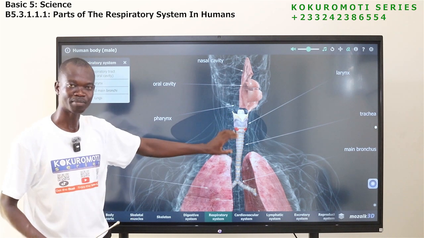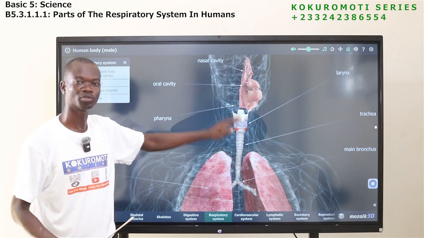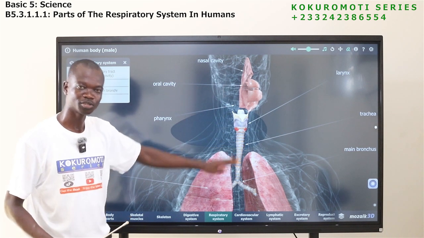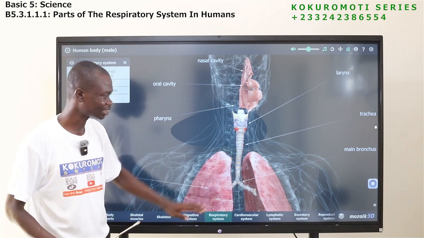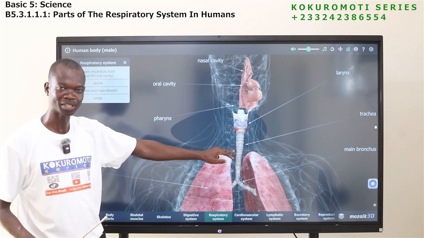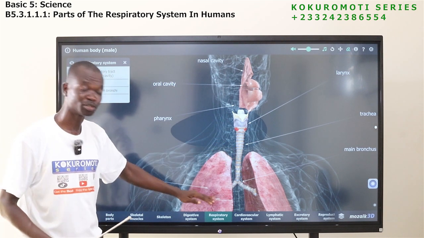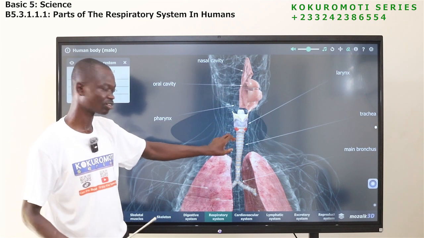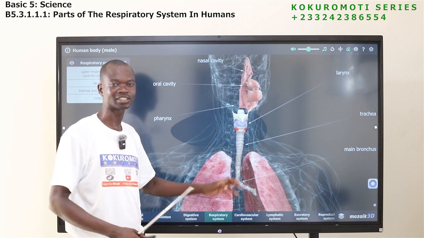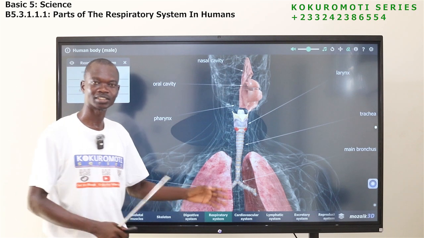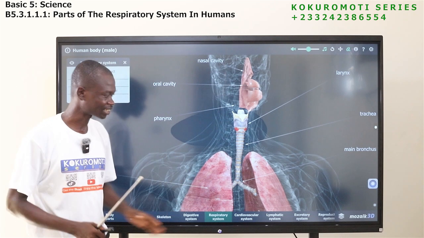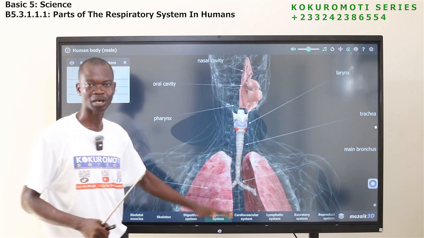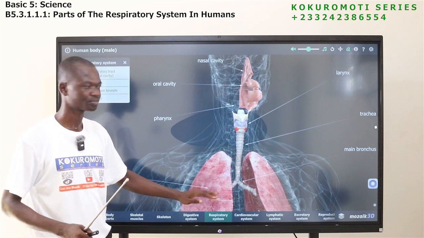If you are bacteria, you will not be allowed to come down. Any harmful particle that gets here will not be allowed to go. So there is something here called cilia that ensures that waste particles, solid particles, and other harmful particles are not allowed to come to the lungs.